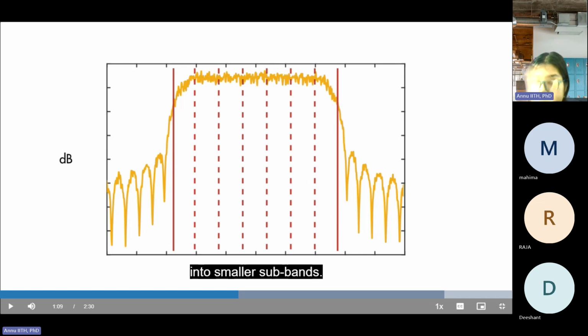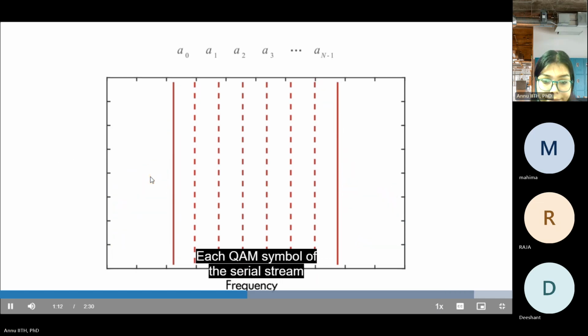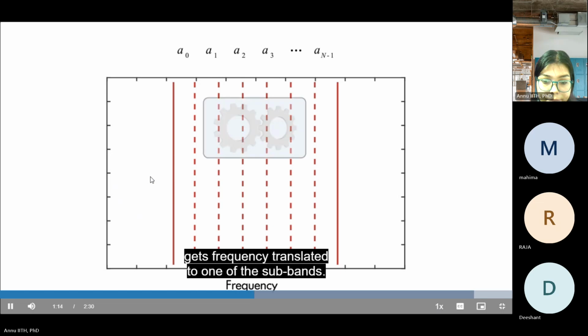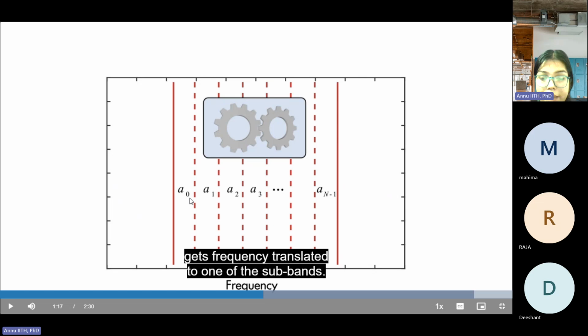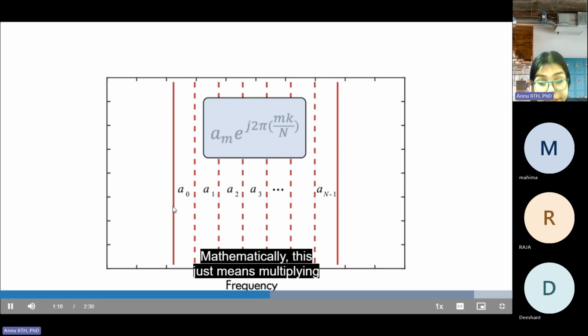So divide it into smaller subbands. Each QAM signal after QAM modulation will be frequency translated to one of these subbands. The passband is divided into multiple subbands, and then the QAM modulated symbols get one of these subbands in order to transmit.